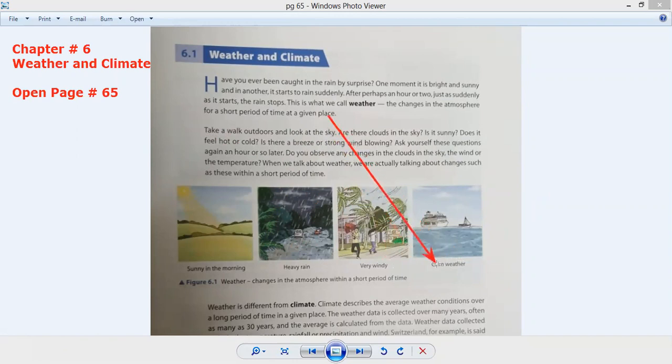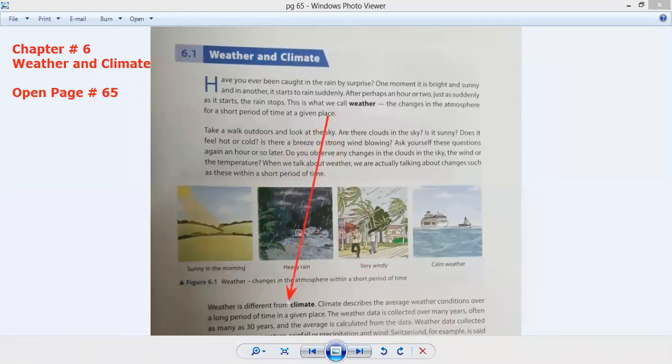Calm means there is sun, but the sunlight is less, or there is not much heat in the sunlight, and the weather is calm. So they are just giving you some changes of weather, which stay for a short time. Figure 6.1 shows the changes in atmosphere within a short period of time.